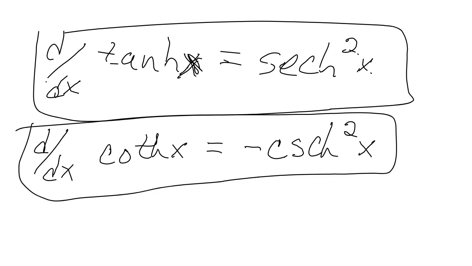You need to pay attention to when you do and don't have minuses that are mirror images to trig. The derivative of cosine is minus the sine, but the derivative of cosh x is sinh x, positive sinh x. But in this case, the derivative of coth x is minus csch squared. Once again, both of these are mirror images.